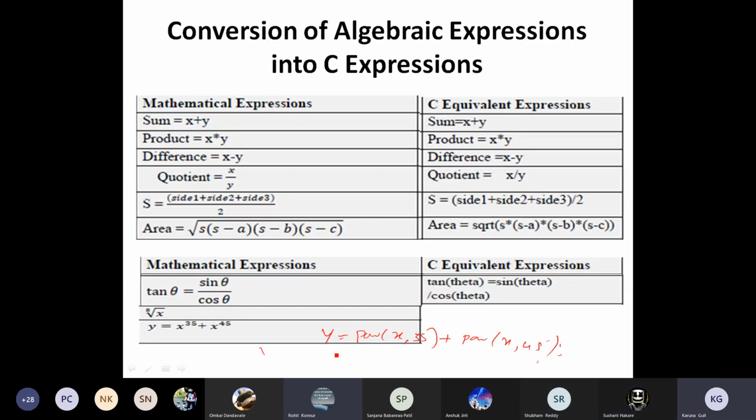Very good. Have you understood? This is how we are supposed to write the C expressions.